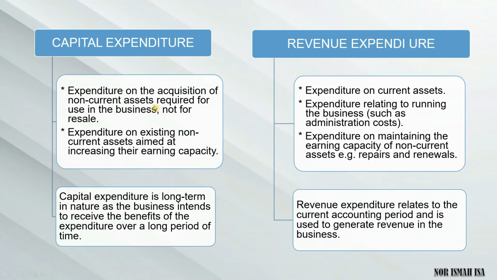So you must get to the point that the purpose of acquiring the non-current asset is for use, not for resale. Also, it includes expenditure on existing non-current asset aimed at increasing their earning capacity.